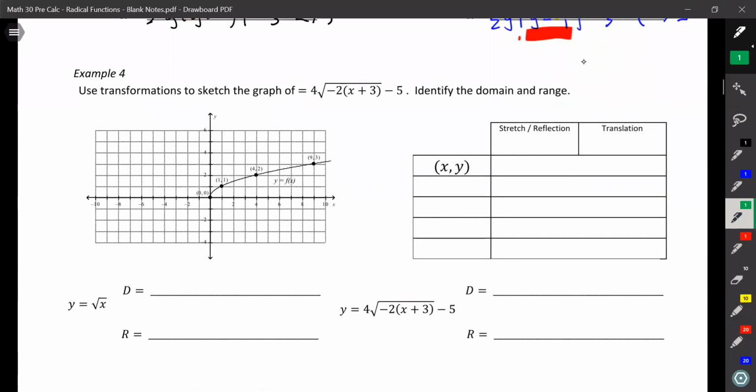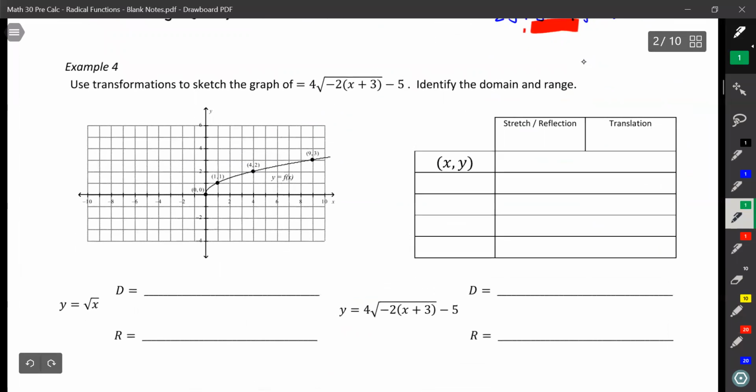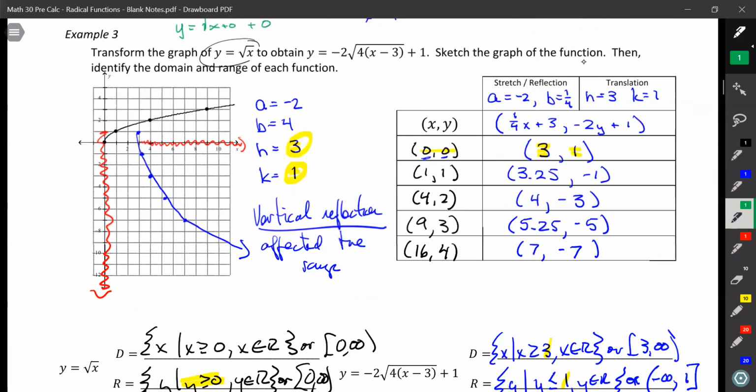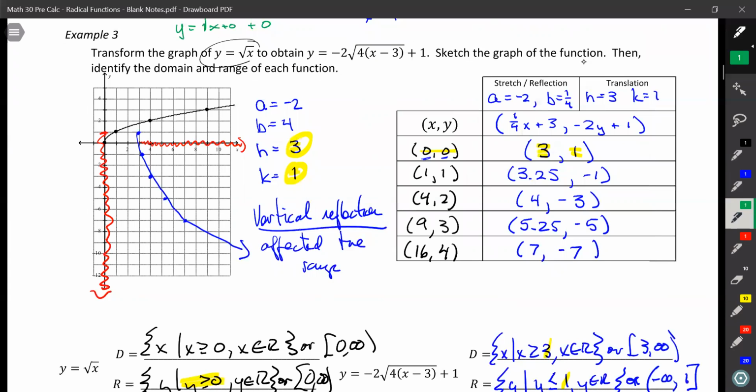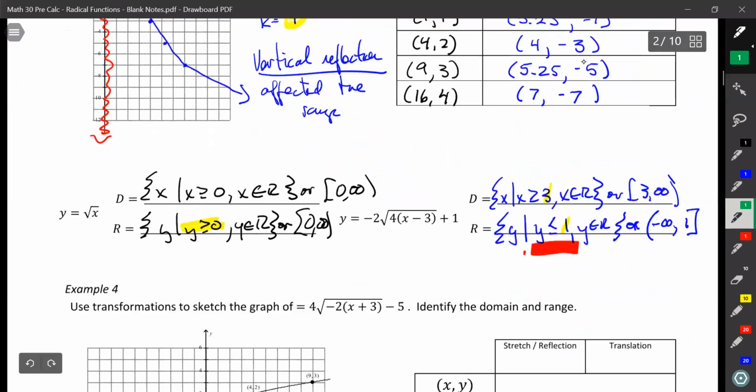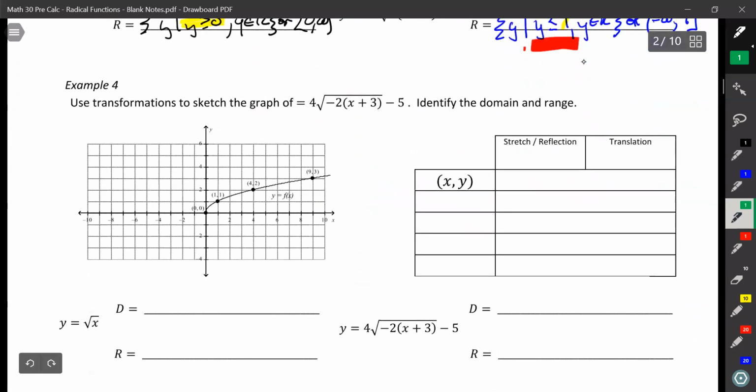Now, here's another one. Use transformations to sketch the graph, identify domain and range. So it's very similar to this one. So we do everything the same. Let's identify our h and our k values, or all the parameters for that matter. So we are going to identify a, b, h, and k.